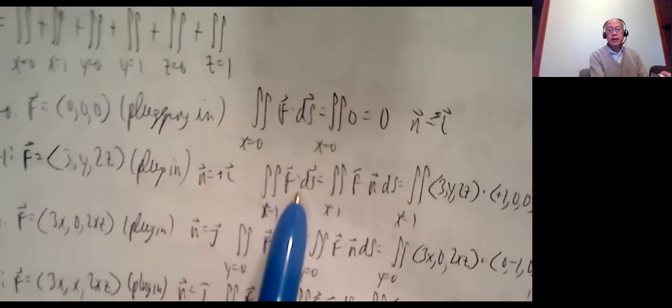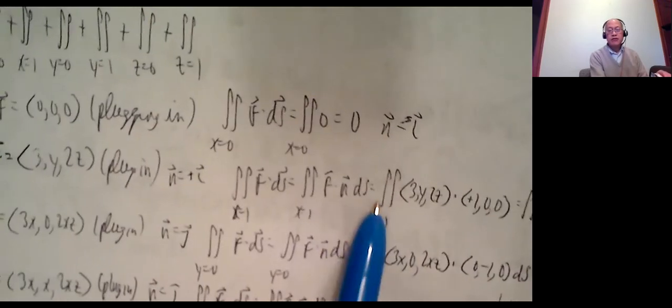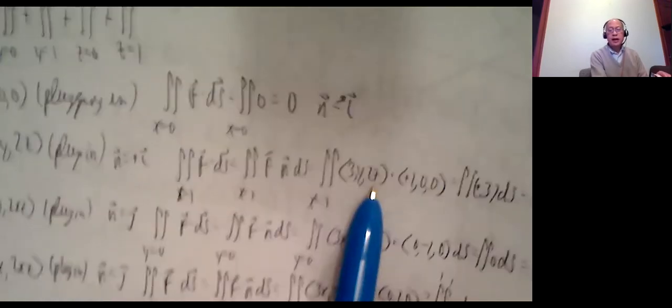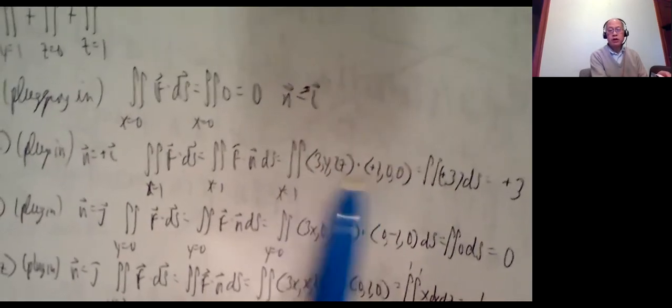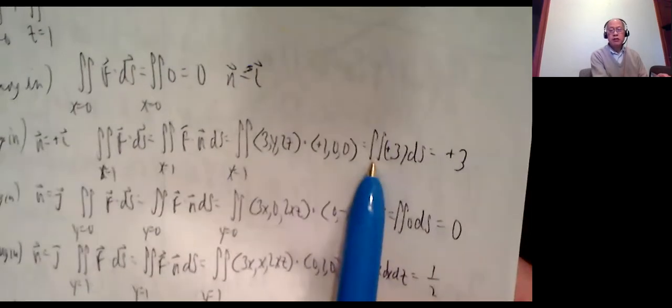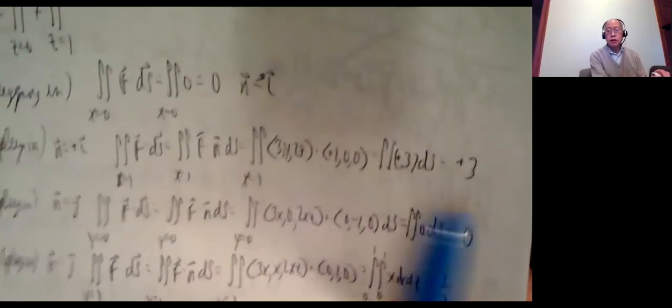So double integral of f dot n ds. So f was 3y²z dot the normal vector 1, 0, 0. Dot product is 3 times 1 plus nothing plus nothing. So the integral of 3 ds, which is 3.